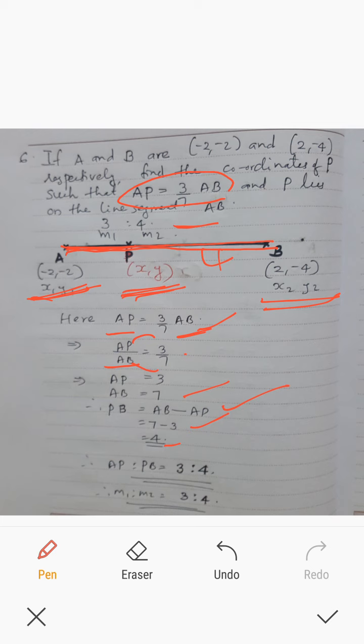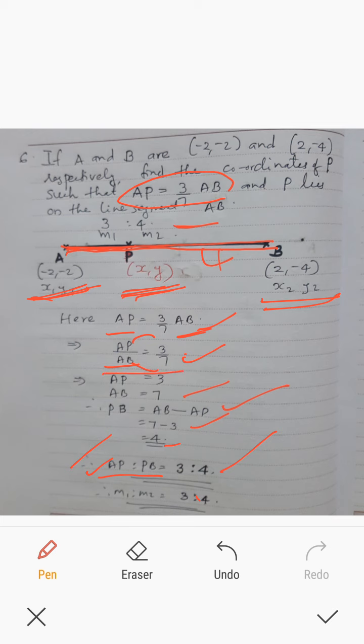So from the given ratio AP by AB equal to 3 by 7, the required ratio is AP is to PB equal to 3 is to 4. Remember, the ratio needed for us is AP is to PB, but we are given AP by AB.